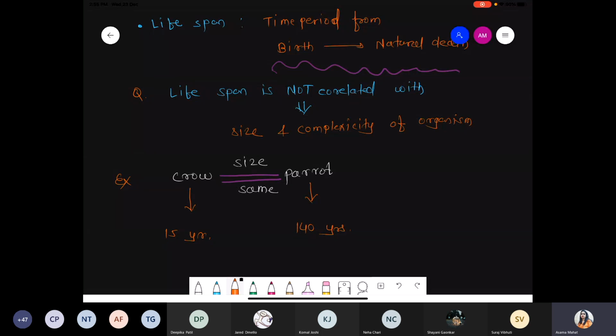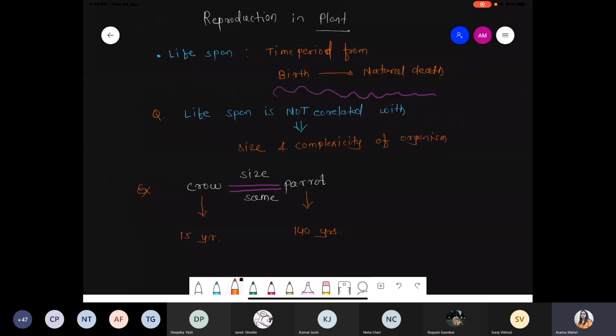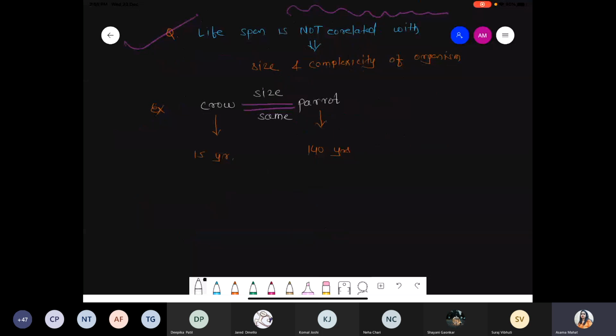But mango and people are morphologically similar. So please remember this point. Whenever we are talking about lifespan, it is not related with size as well as complexity. This was the first point according to the NEET point of view. A question will not be made on the definition, you know very well. But whenever we are talking about this point, it is important. Now I am talking about the second important point.